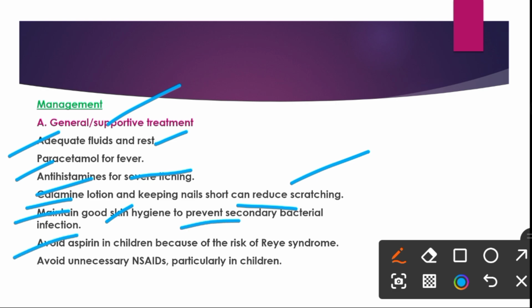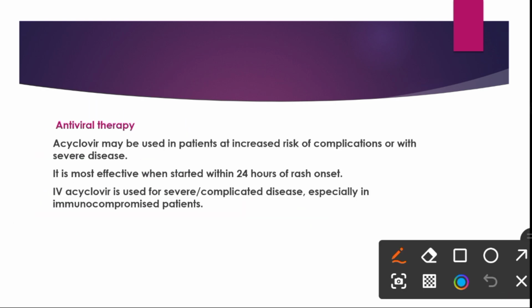We also advise the patient to maintain good skin hygiene to prevent the occurrence of secondary bacterial infection. We avoid aspirin in children because of the risk of Reye syndrome, and steroids are also avoided, particularly in the case of children. In severe cases, we also give antiviral therapy for chickenpox, and the antiviral that is given is known as acyclovir.